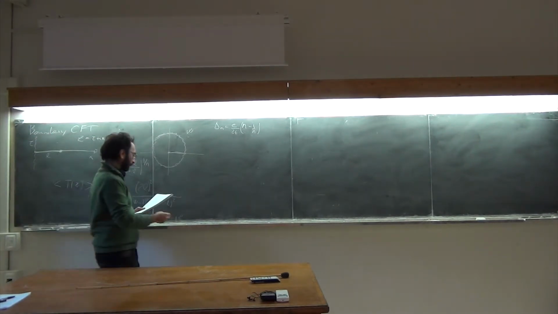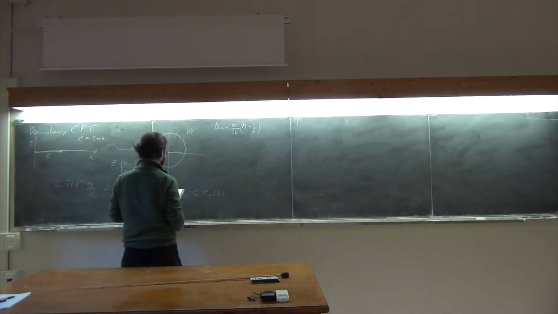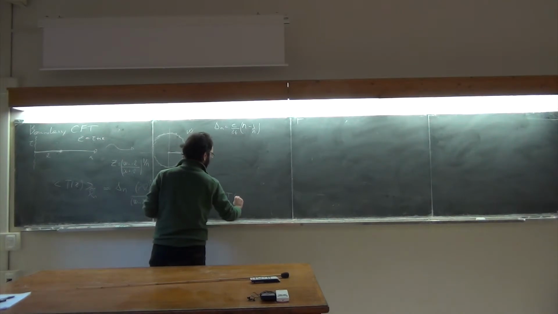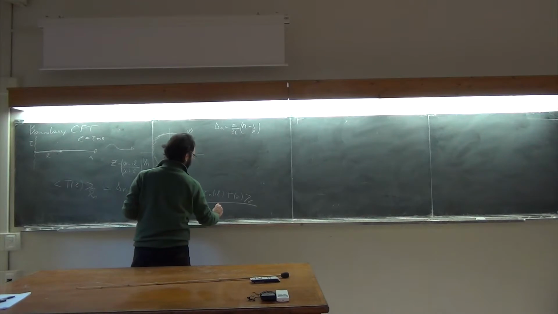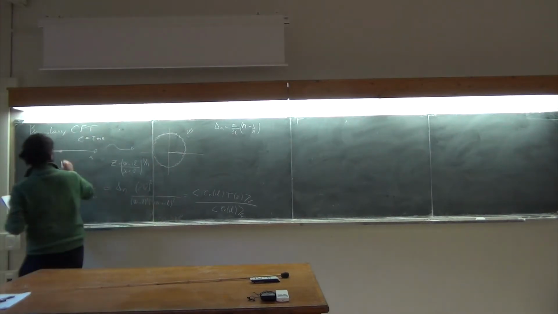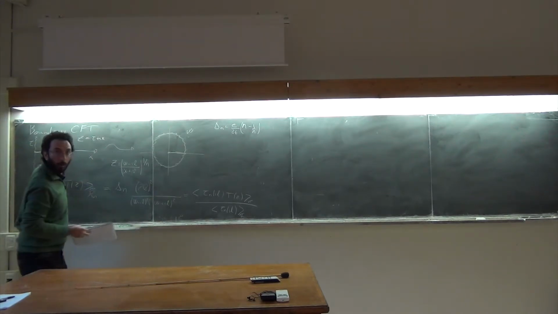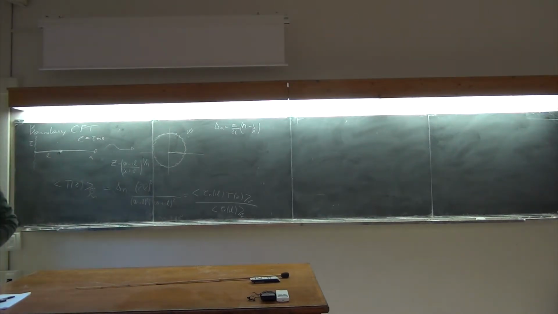And this object is equal to tau n calculated at the point iL, Z, on the complex plane, divided by tau n at iL on the complex plane. This time we introduce a single twist field, not two, because there is only one point between A and B. Okay?